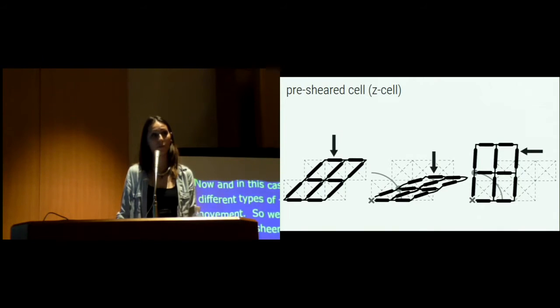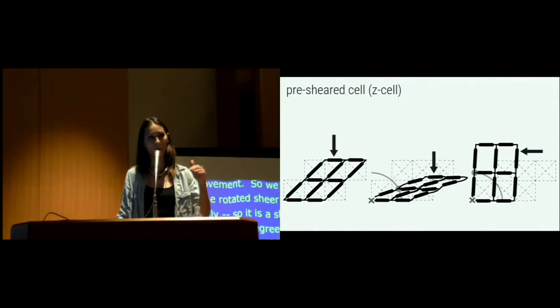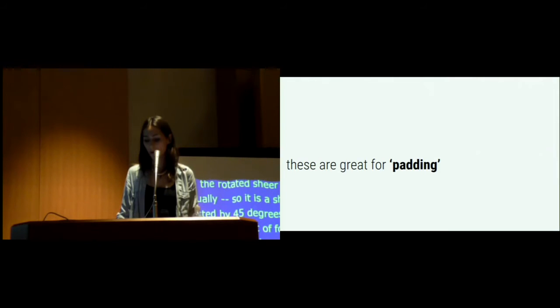So another type of cell that we have in our repertoire, we call the preshared cell. It's similar to the regular shear cell, but it travels on a larger trajectory, namely on the diagonal.